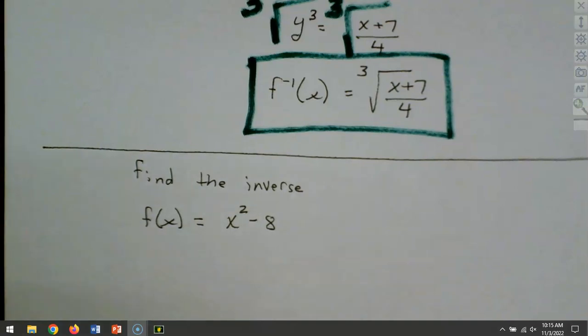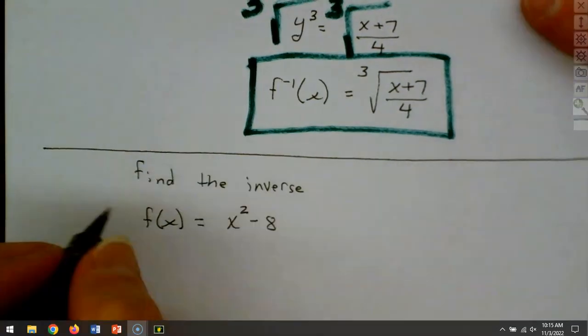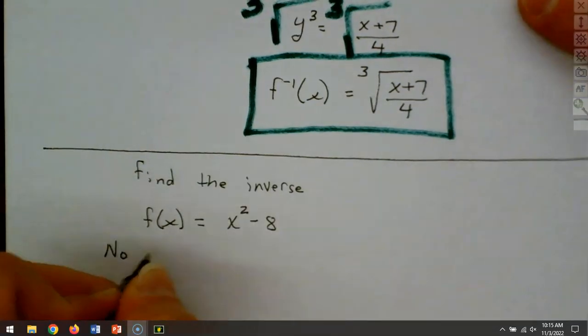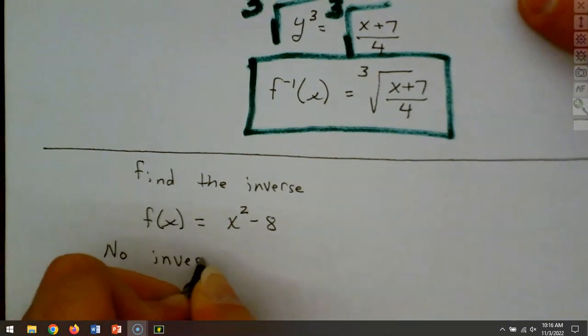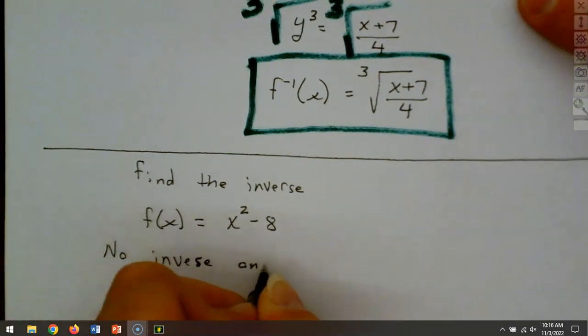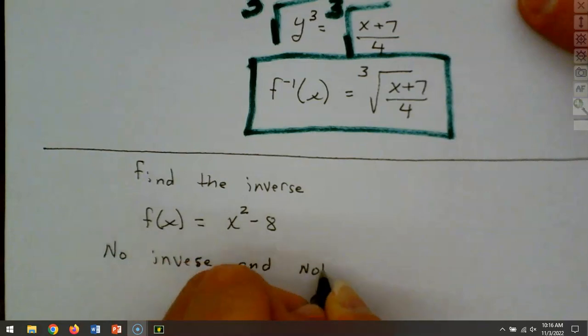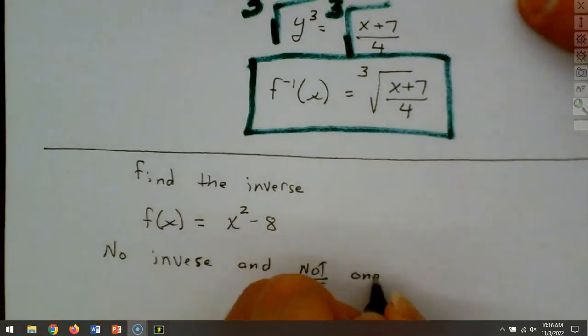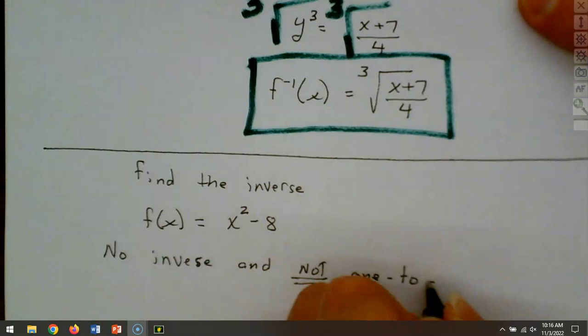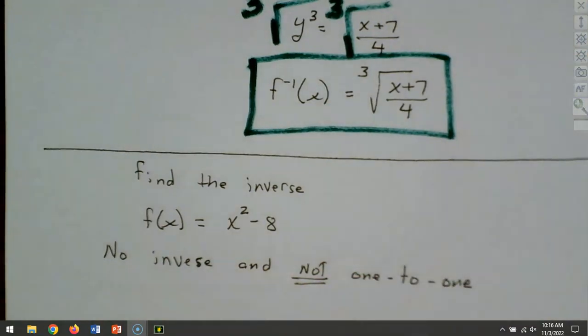Now, what's the matter with this one? Is this one going to have an inverse? No. This one has no inverse, and not 1-to-1. So there's nothing that we could really do because it has no inverse.